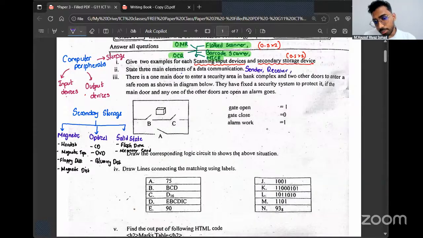How do you call the method, the thing or object used to take the data from the sender to the receiver? That is not mode, that is medium. Mode is wrong. That's called the medium. So these are the three elements of data communication.